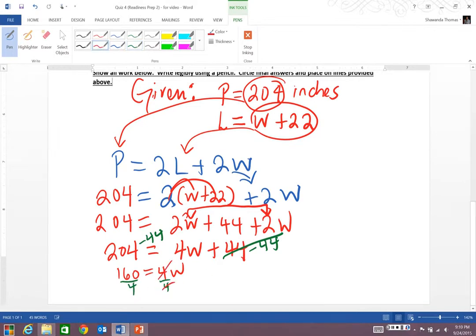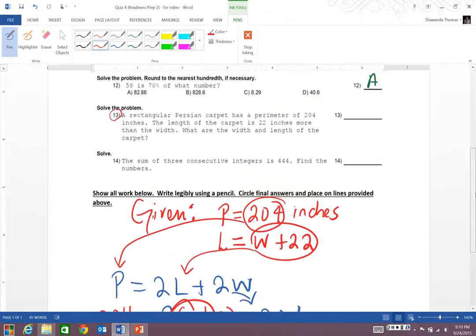The 4's will cancel out. Therefore, W equals 40. When you have word problems, always go back to make sure you have answered the question.